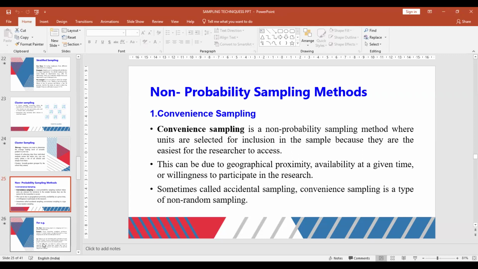Under this method, a sample is selected according to the convenience of the research scholar. This convenience may be in respect of availability of the data and accessibility of the units.